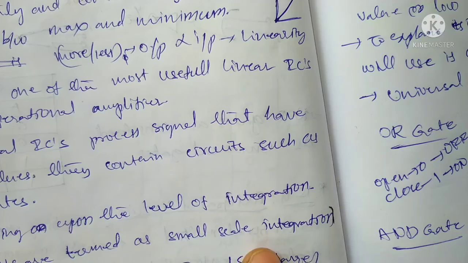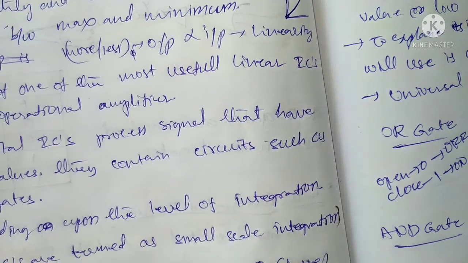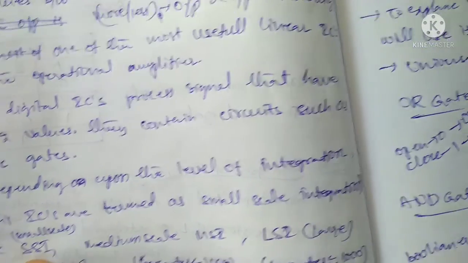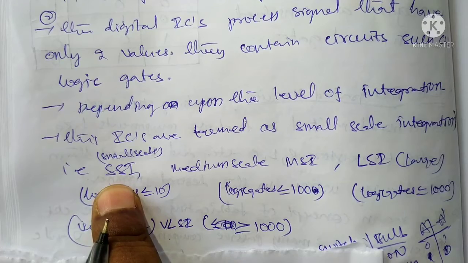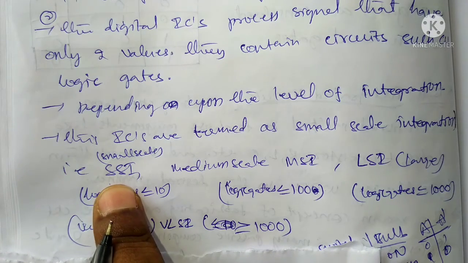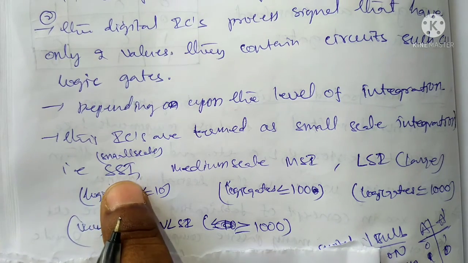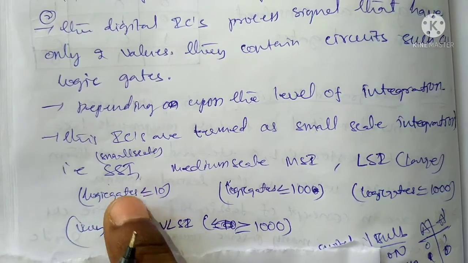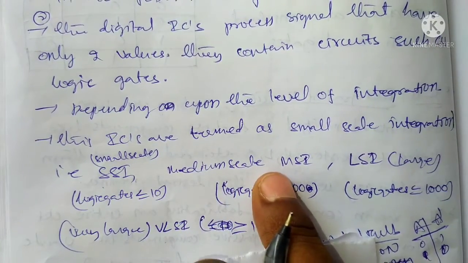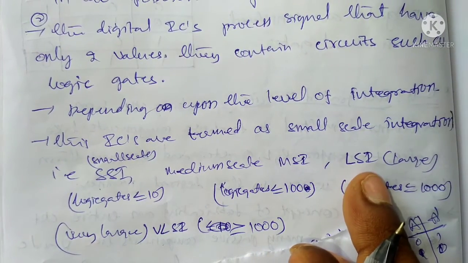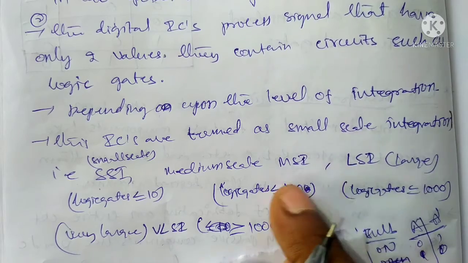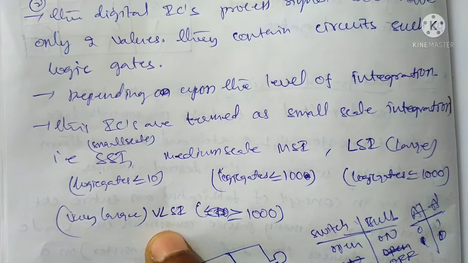Small-scale integration is SSI, medium-scale integration is MSI, large-scale integration is LSI, and very large-scale integration is VLSI.